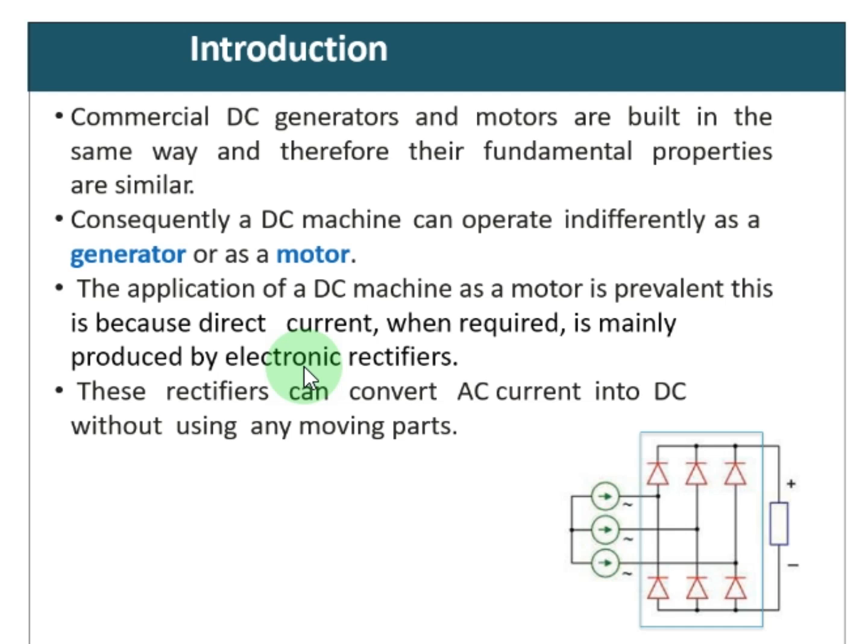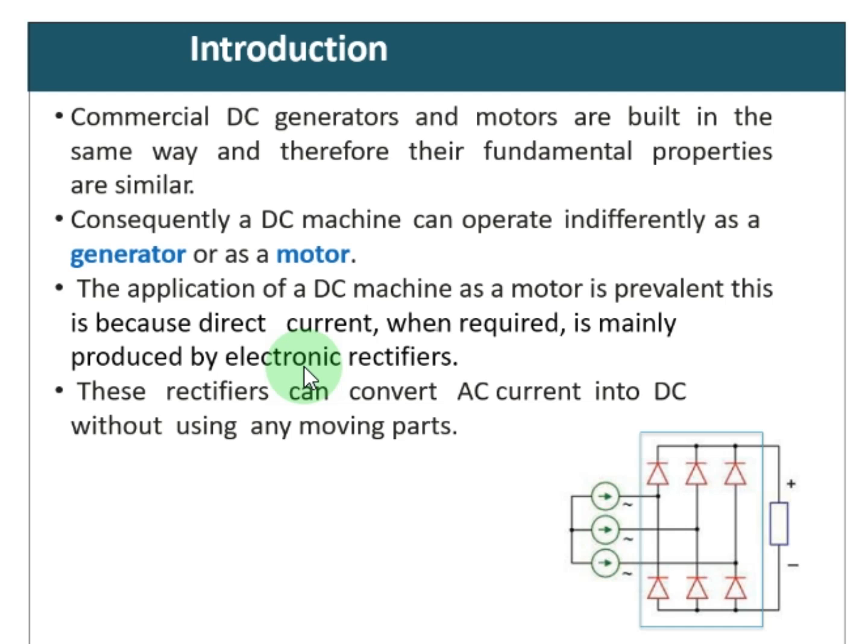The application of DC machines as a motor is very much prevalent. That means it is used much more than a DC machine as a generator, because nowadays it is much easier and readily available to get the commercial AC supply, which we can easily convert into DC by using static devices.